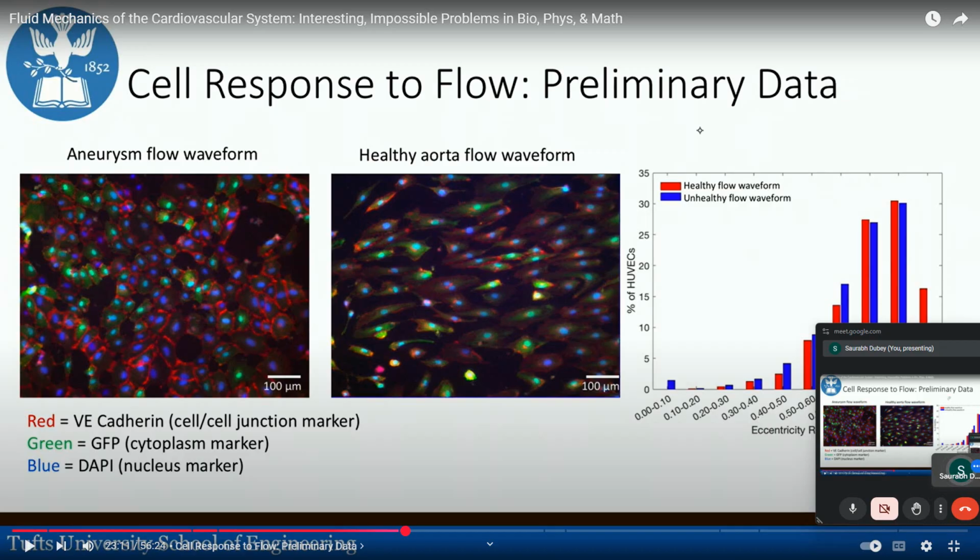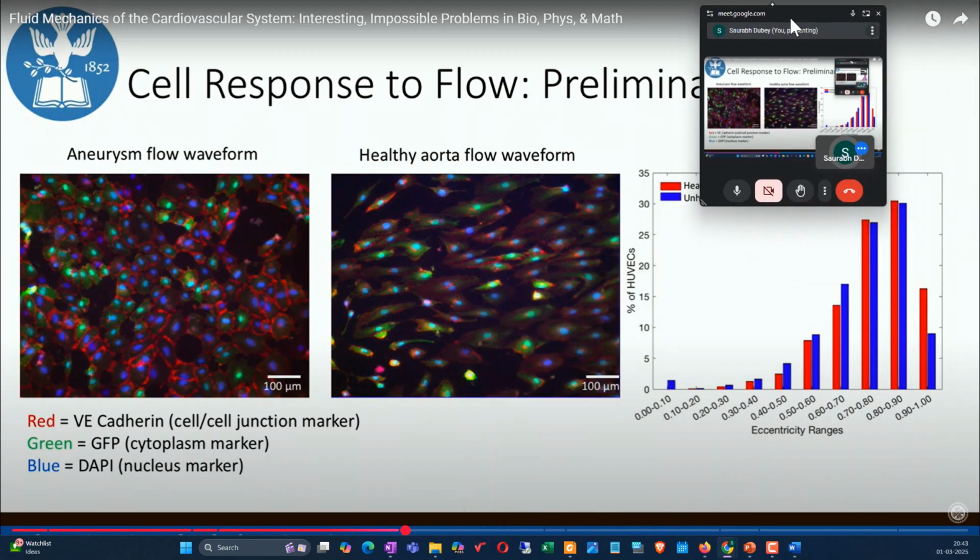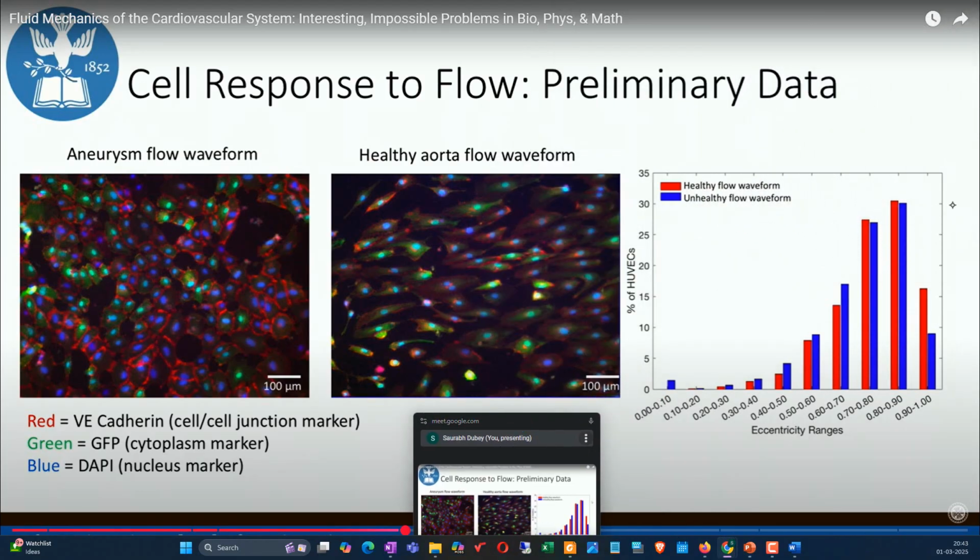So in the problematic condition and in the normal condition, red is the cell junction marker, where they have used GFP for the cytoplasm marker, which is green, and blue is DAPI, which is the nucleus marker. DAPI is the nucleus marker, GFP is the cytoplasm marker, and red is the cell junction marker, right? So here you see they have devised a healthy flow waveform and an unhealthy flow waveform, right?